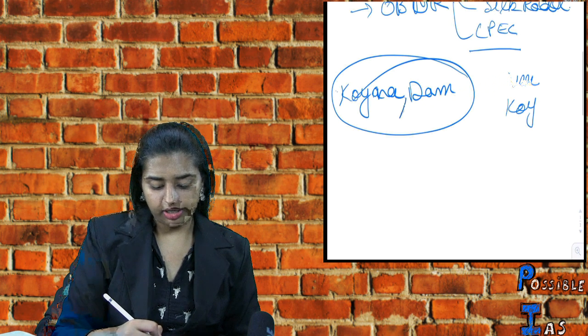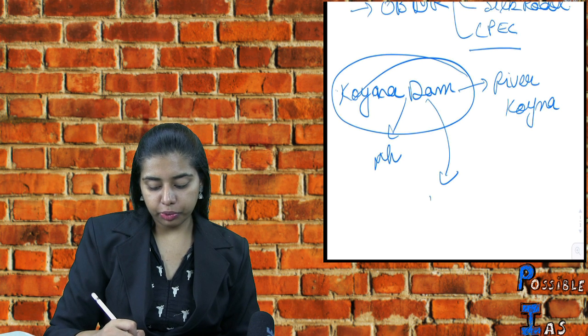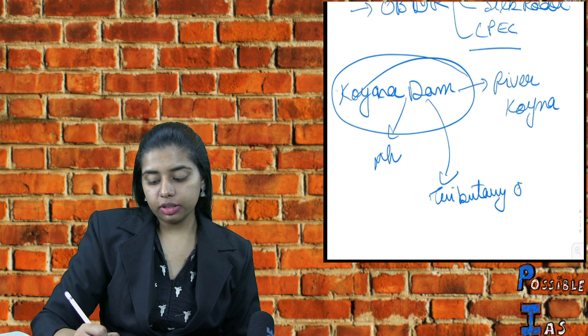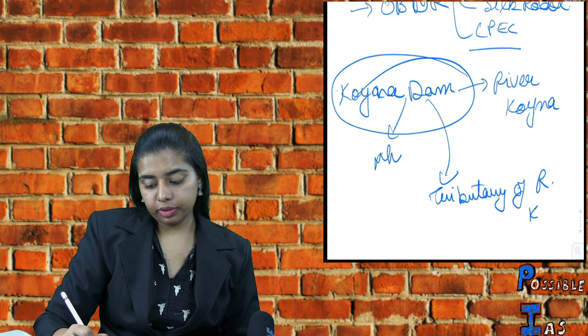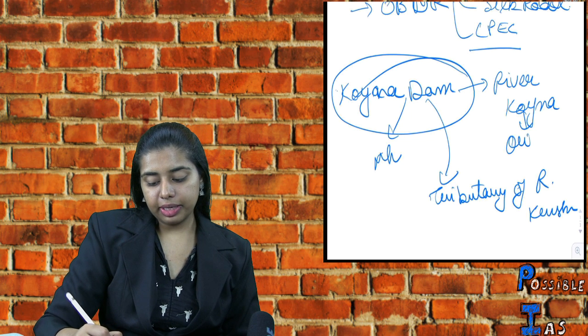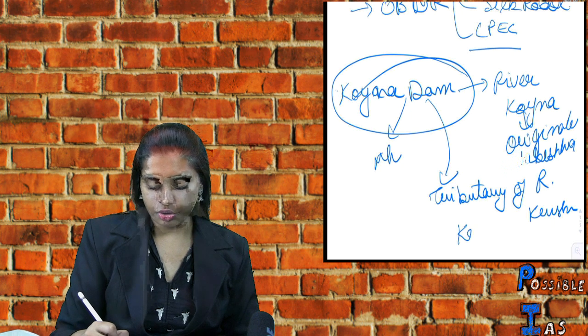The Koyna river is basically a tributary of river Krishna. It originates in the Western Ghats at Mahabaleshwar, and it meets river Krishna at a place called Karad.